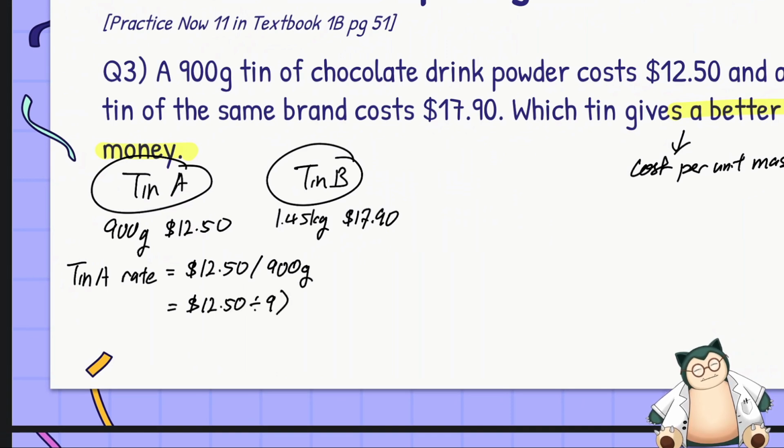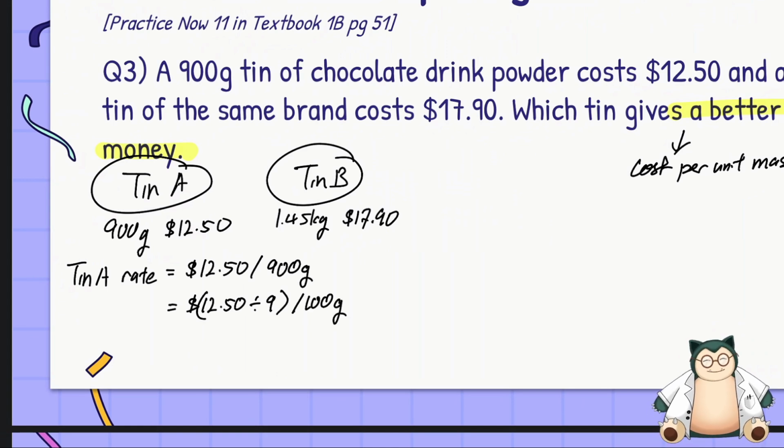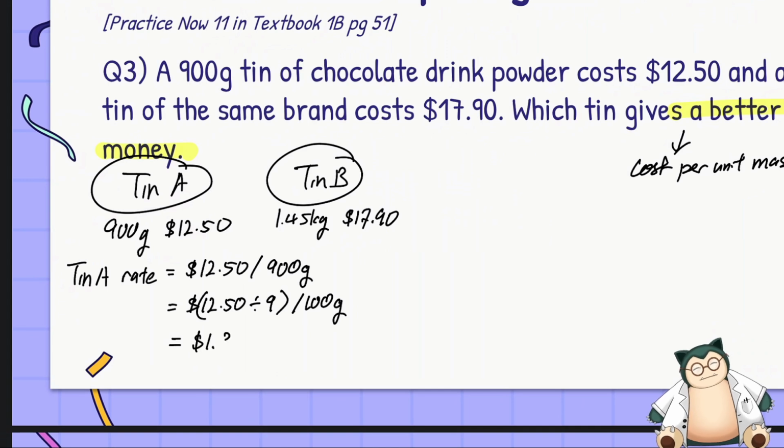This gives the total cost per 100 grams. Let me round off to 3SF: $1.39 per 100 grams.